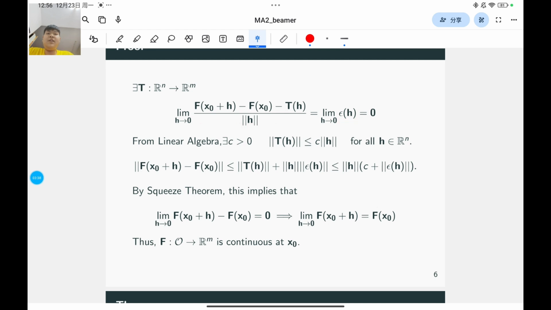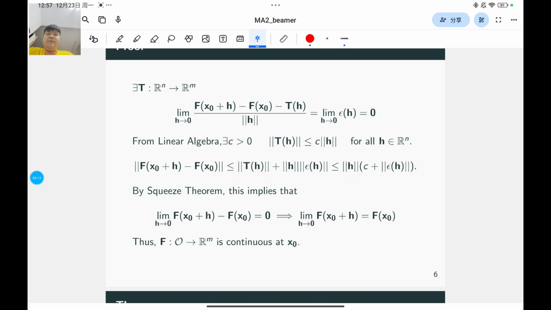From linear algebra we learned there exists a positive number c greater than 0 such that the absolute value of T(h) is less than c times the length of h for all h in R^n. Therefore, we have this from the remark, and we apply the triangle inequality. So T(h) is less than c times the length of h.